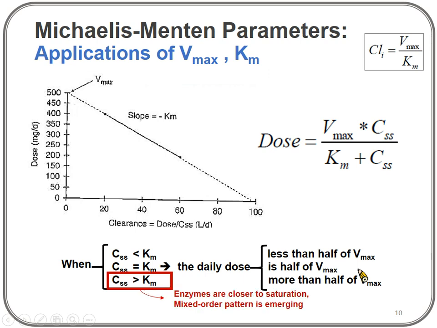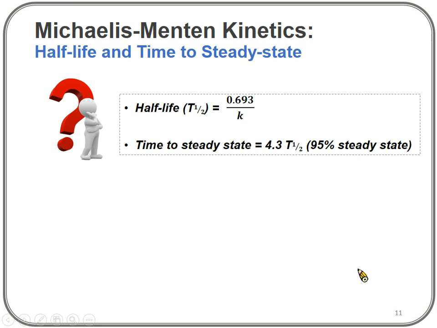However, if the steady state concentration is more than Km, that means it is getting toward the higher range, and the daily dose is more than half of the Vmax that the patient's liver may be able to handle. So the enzymes are closer to the saturation status, and once surpassed that point, a mixed order pattern could emerge, with higher concentrations presenting with toxicity. So take precautions with this steady state concentration and Km.